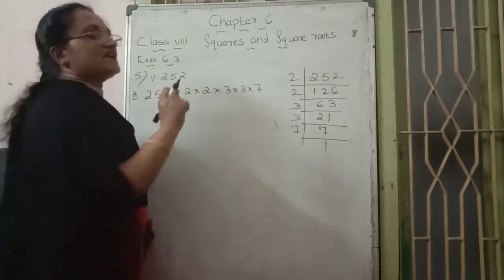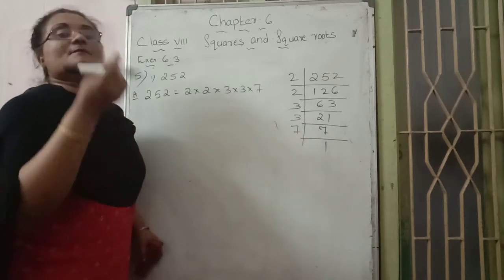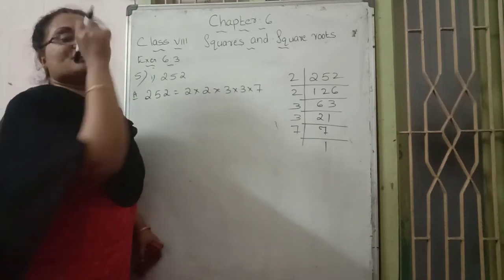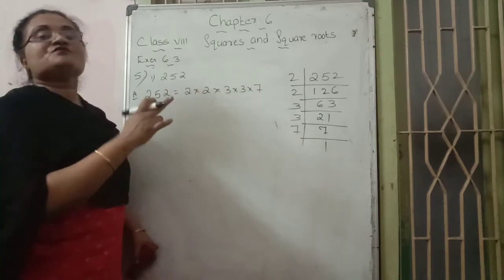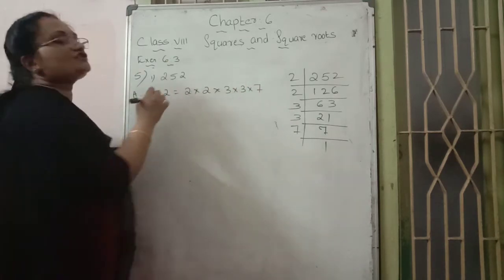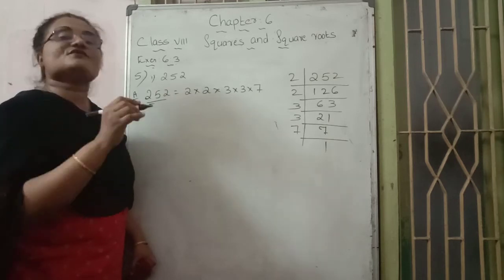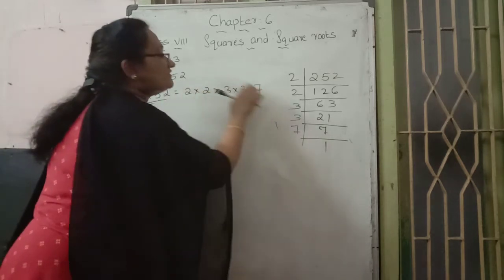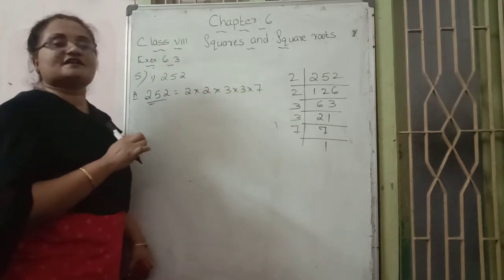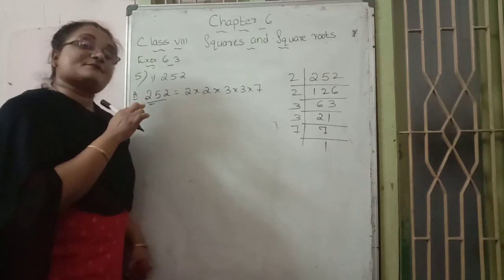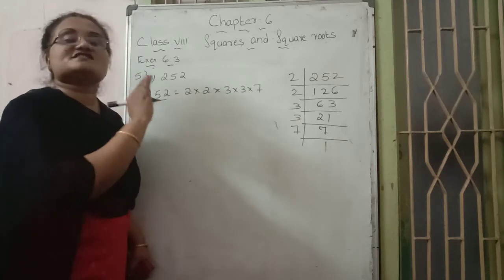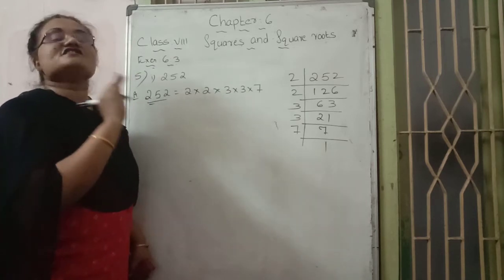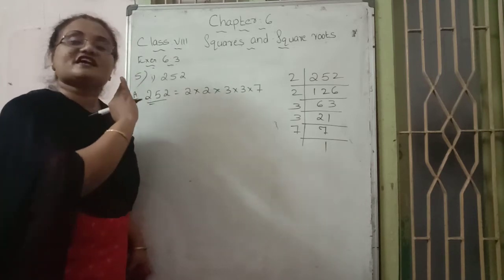Here the fifth Roman is asking which number, when multiplied, gives a perfect square. Meaning, why are they not paired here? 252 is not a perfect square. That's why 7 has no pair. That is the reason. For a perfect square, each number must get a pair. But here 7 has no pair. That is the reason the given number is not a perfect square.